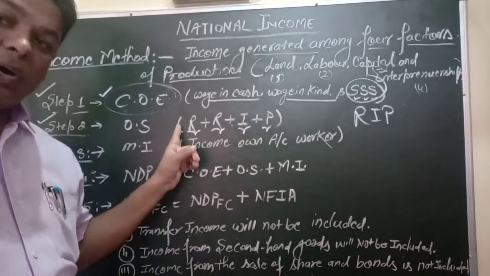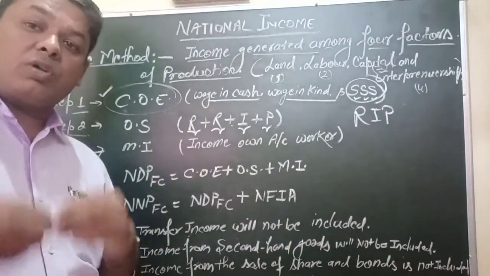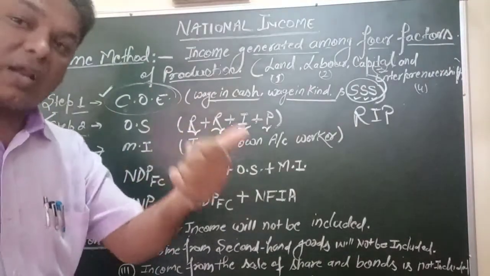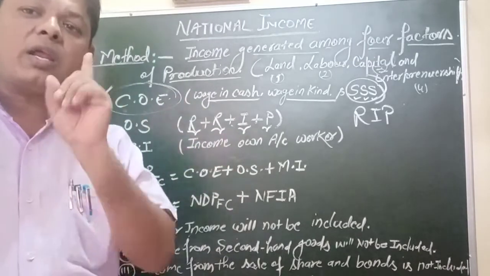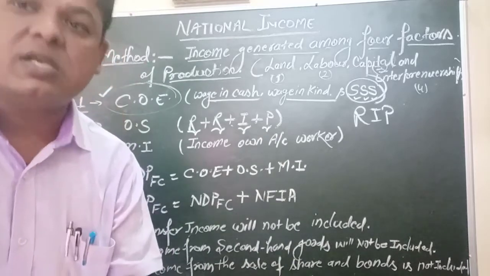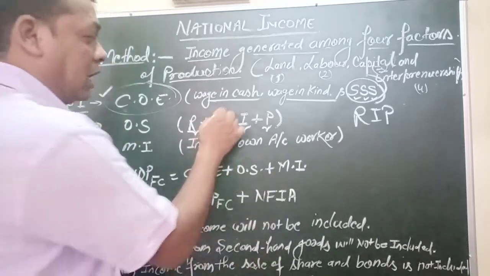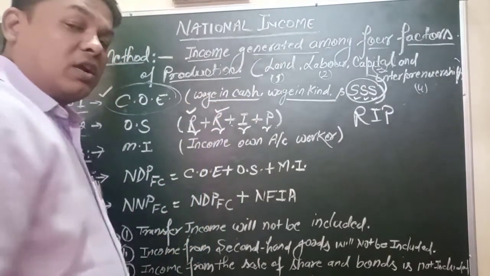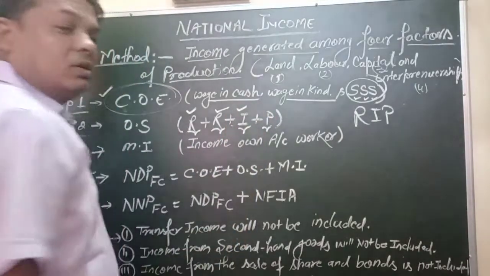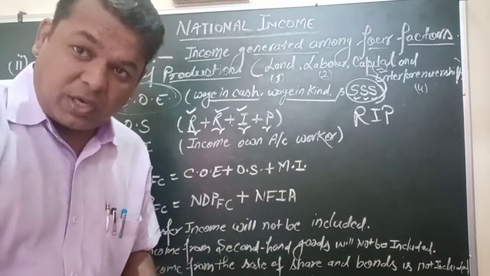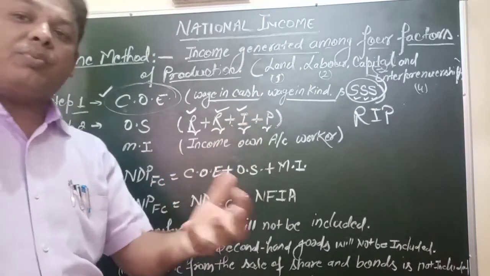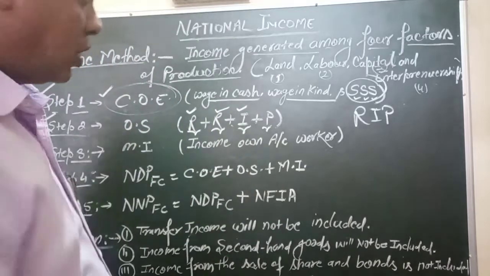Rent we can get from our own properties, when companies come and hire our buildings and pay the rent. Royalty we get in the case of copyright, license or patent items. Interest we get on capital, from the bank or wherever.